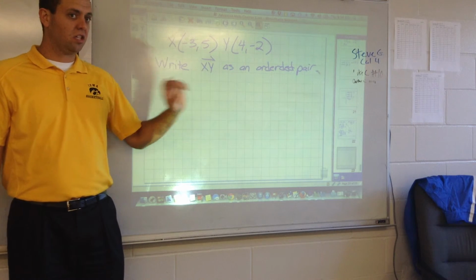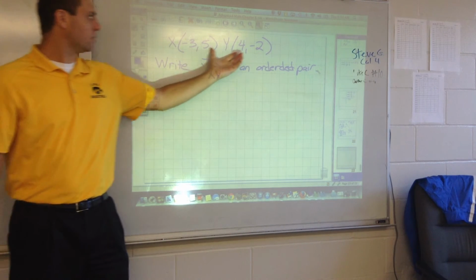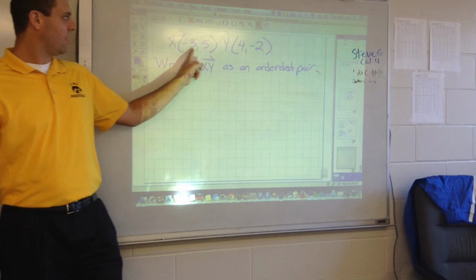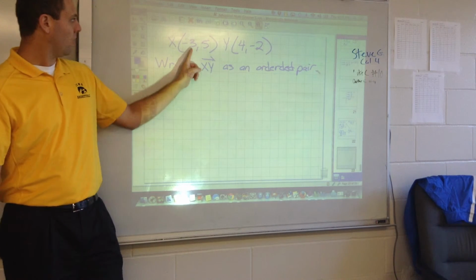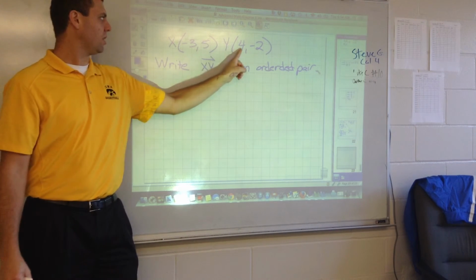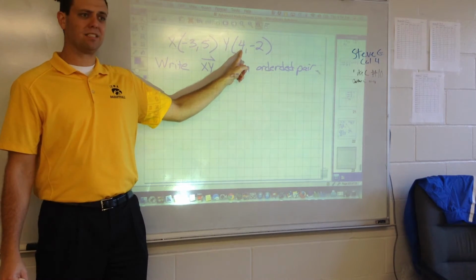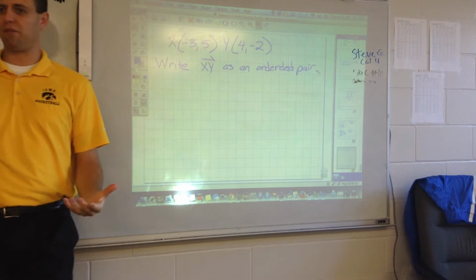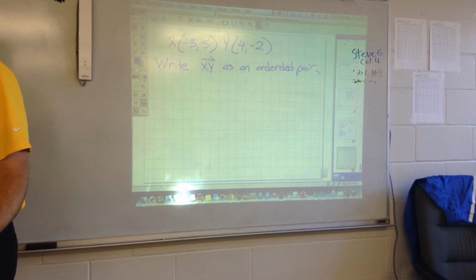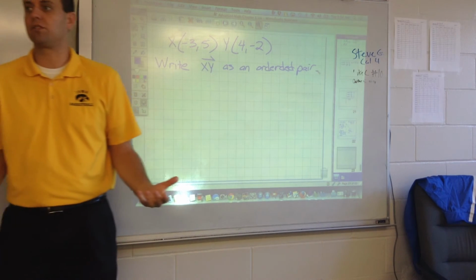Some of you are going to be able to look at this and say, if I'm starting here and going here, how far did I travel in the x direction? If I started at negative 3 and ended up at positive 4, how far did I travel in the x direction? 7 units. There's the first part of your answer.